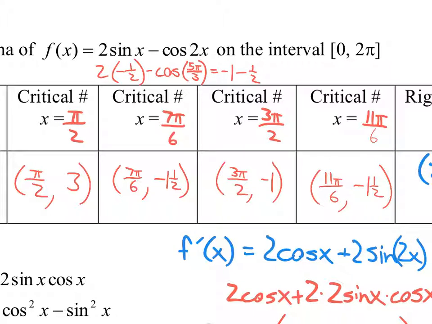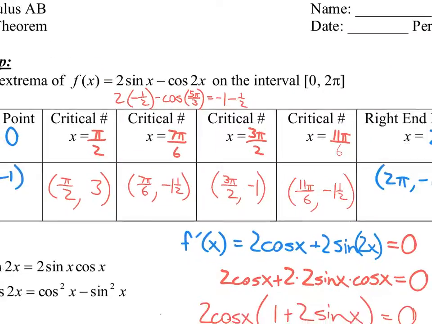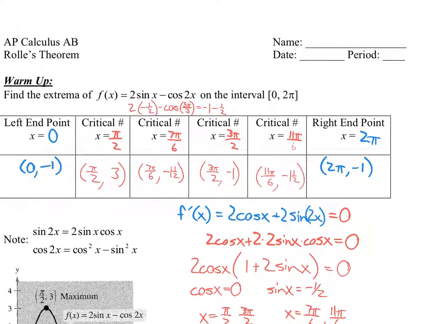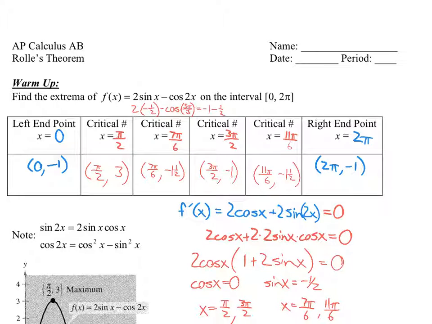So when we're trying to find the absolute max or absolute min, we're talking about the max or min value of the function. So when you plug those numbers in, what do you get? The y coordinate is what we're looking at. So what is our absolute max here, guys? 3.